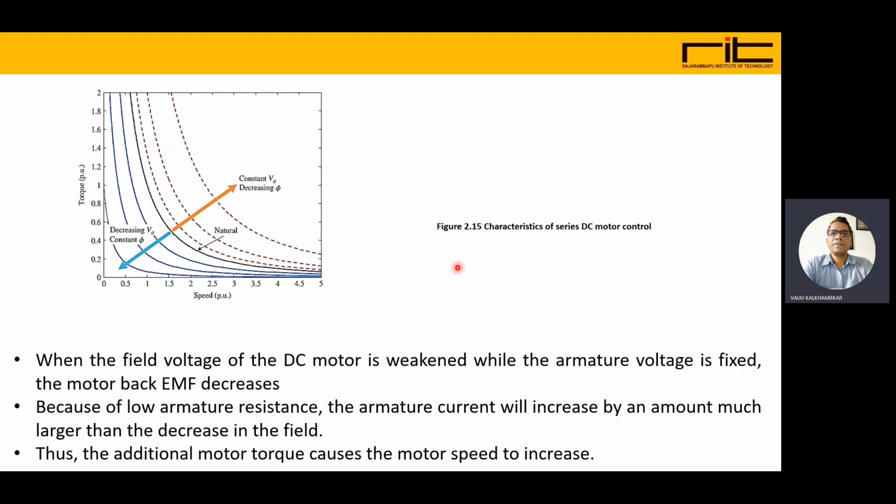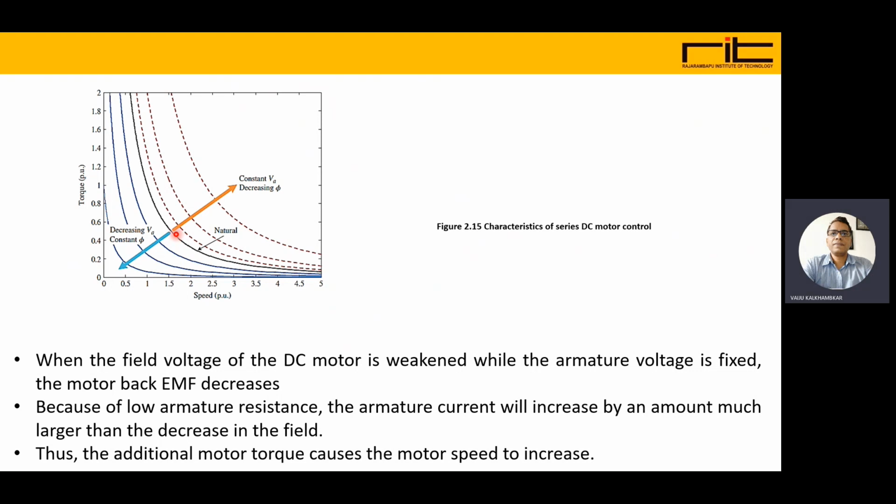Here, the characteristics of the DC series motor are shown. Again, we can see this is the natural characteristics. So by decreasing the voltage and keeping flux constant, we can get the speed control below the rated speed value.